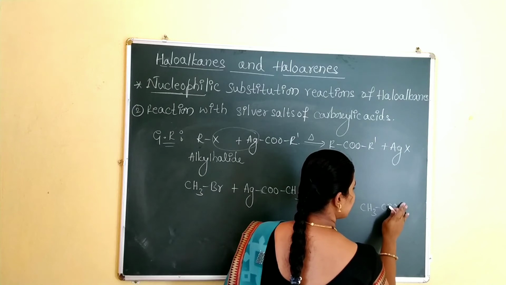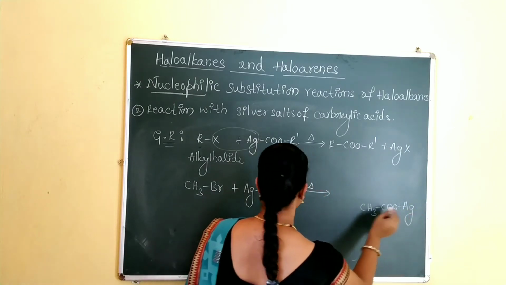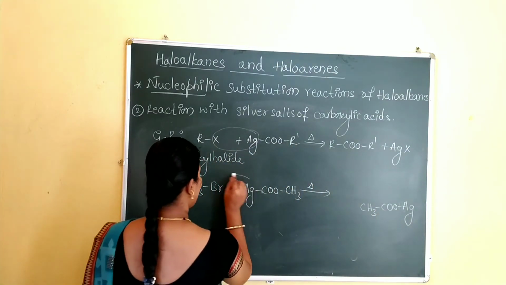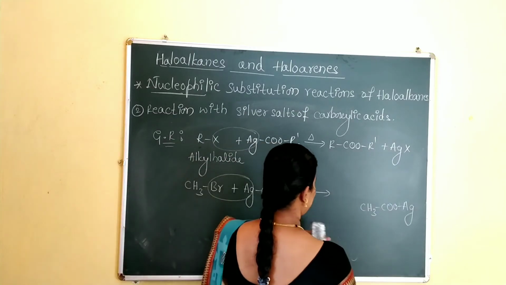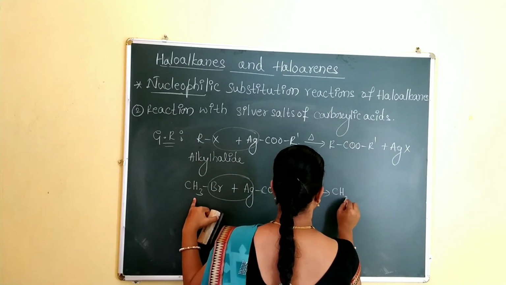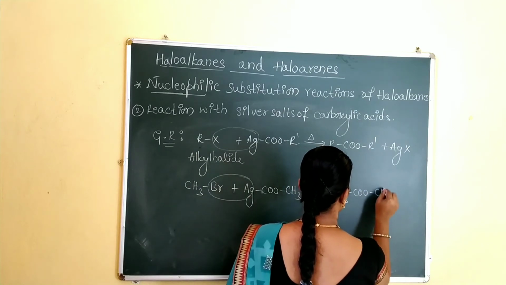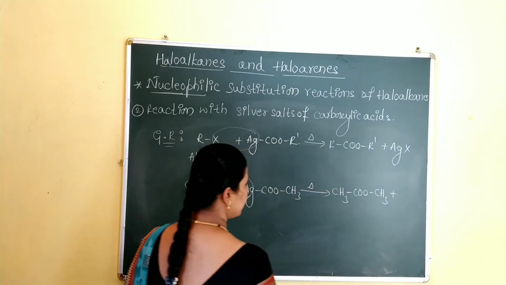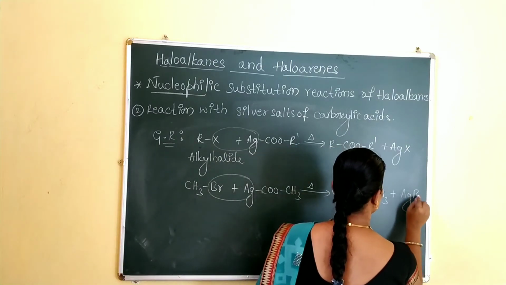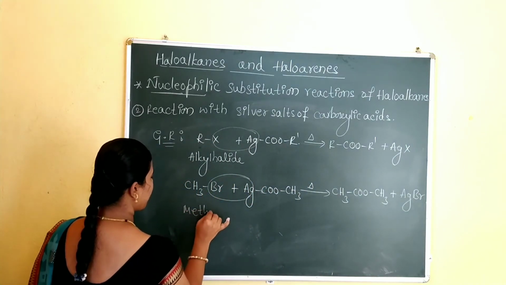CH3COOAg, silver salt of acetic acid. Now the product formed will be an ester. CH3COOCH3 plus AgBr.